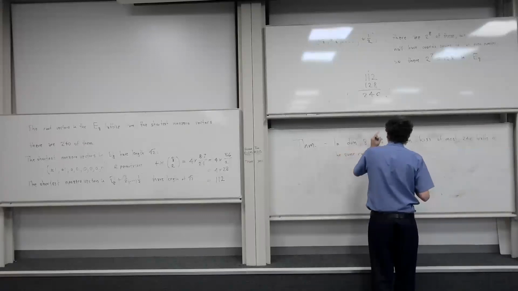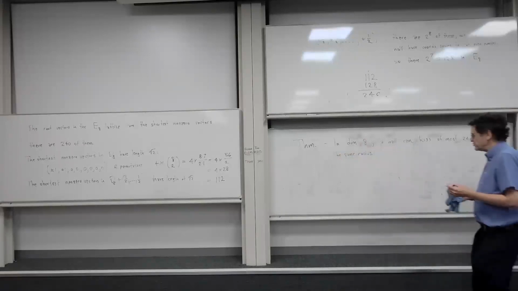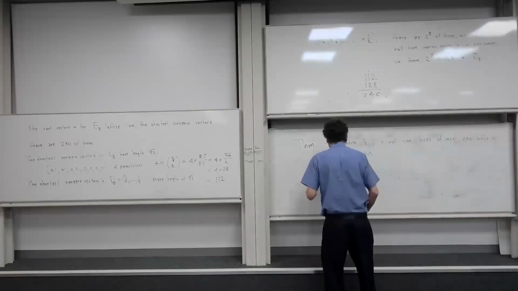And if you think about what we've just done, by centering balls at the E8 lattice, we've seen that you can get at least 240 to all kiss the central ball at the origin. But of course, the hard part is that you can't do any better than that. But we proved the easy part.